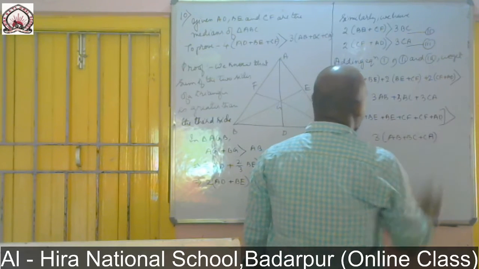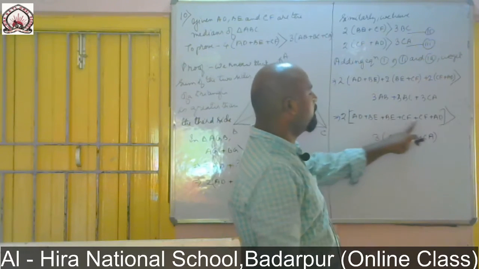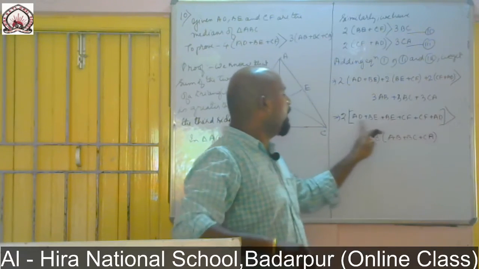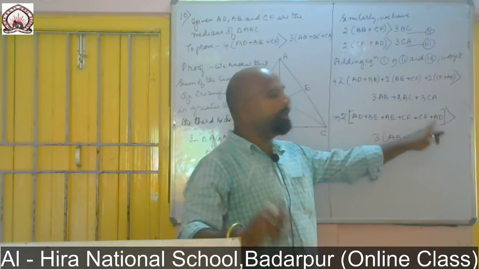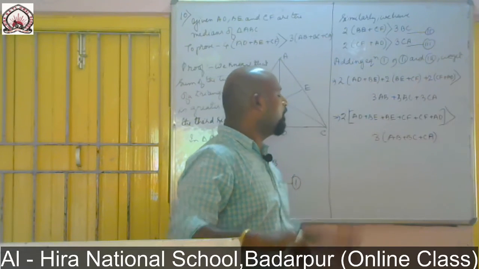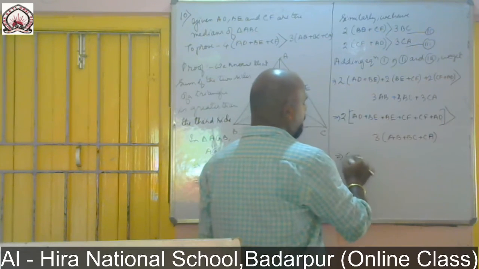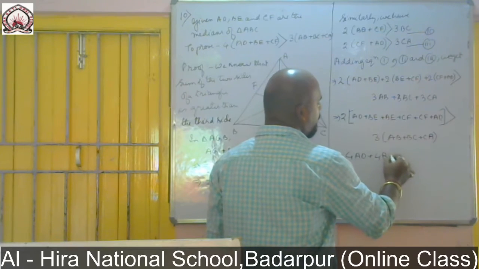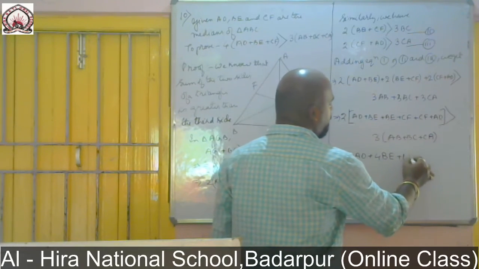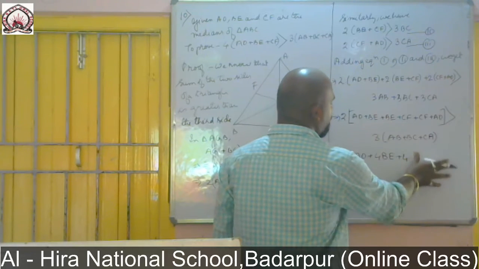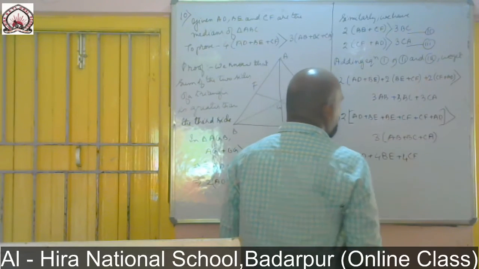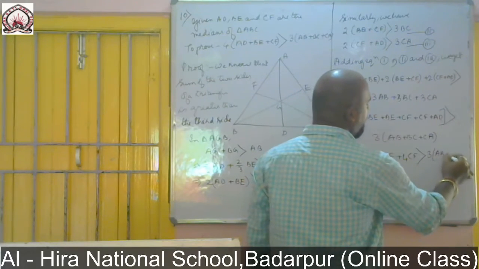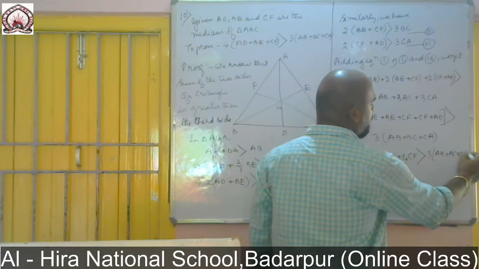Okay. Now, AD plus AD, we are getting 2 AD. 2 into 2, how much? 4 AD we are getting. 4 AD plus 4 BE plus 4 CF, sorry, is greater than 3 times of AB plus BC plus CF.